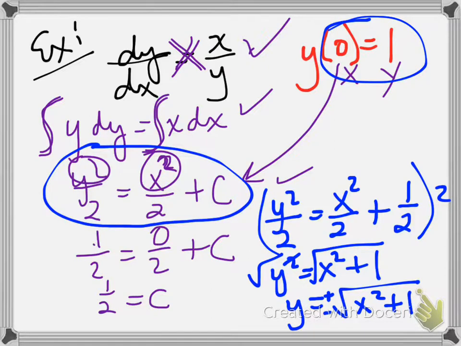If we plug 0 and 1 into the original equation, it's actually going to be the positive part and not the negative part.